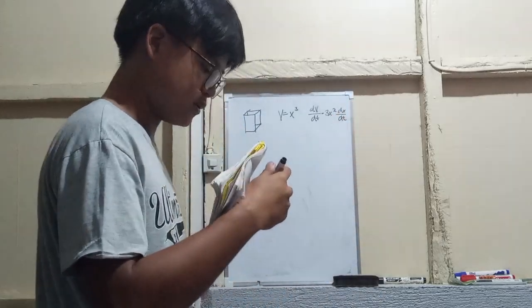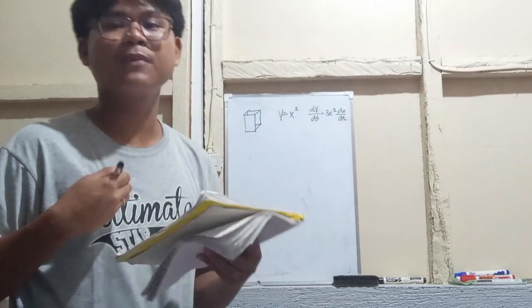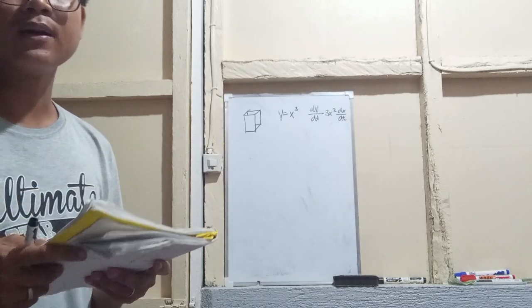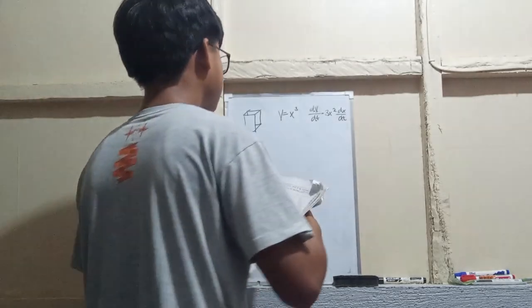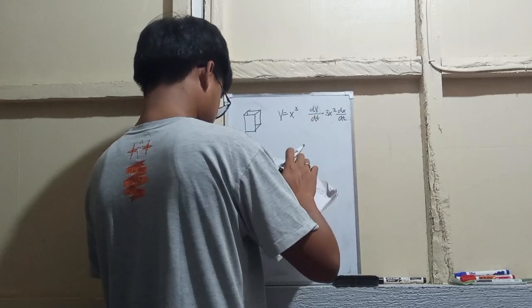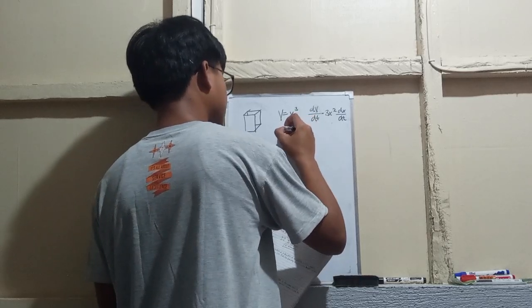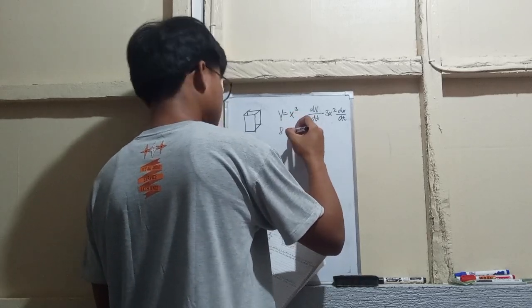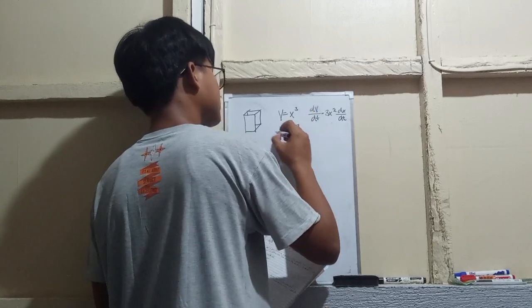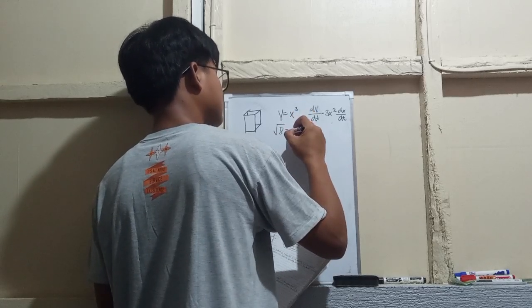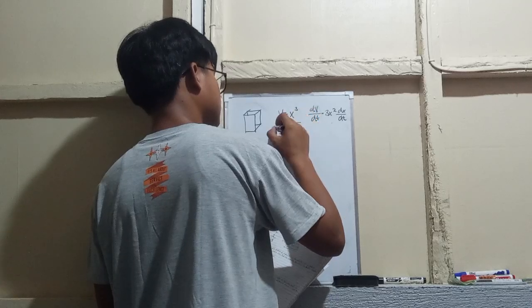Now, it is stated in the problem that the volume can be 8. So we can equate 8 is equal to x cubed. Then solve the cube root.